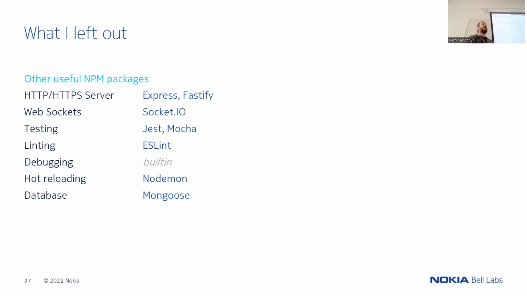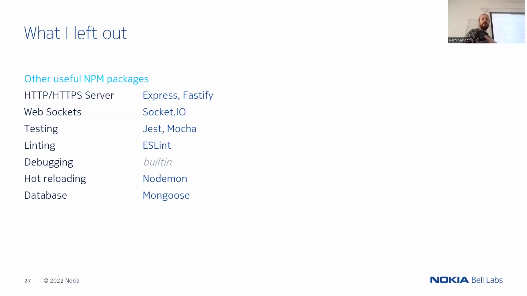But then WebSockets came in, and today most web applications actually use Socket.io, which is a library which uses WebSockets, but makes it a lot more convenient to use because raw WebSockets are a bit of a pain. So if you need bidirectional communication with your server, that's the library you want to look at.